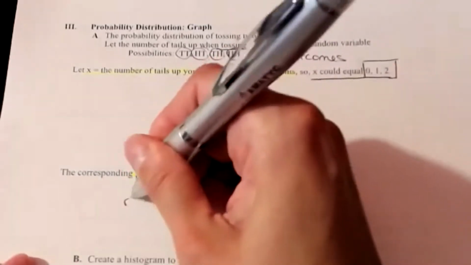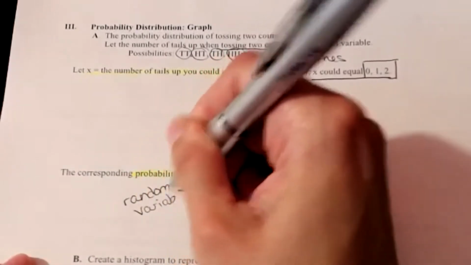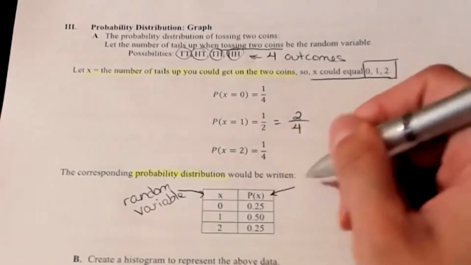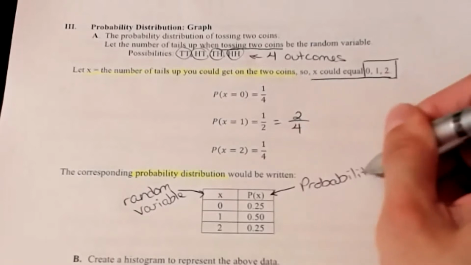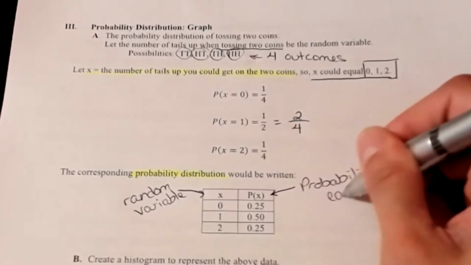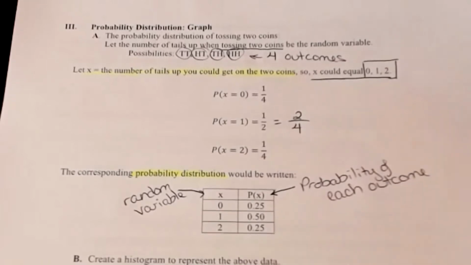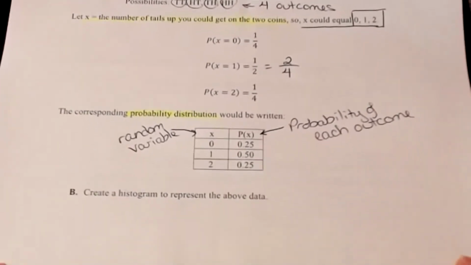X represents our random variable, and in this case, it's the number of tails seen on the tossing of 2 coins. And P of X represents the probability of each outcome. Typically, you'll see these as decimals as opposed to fractions.